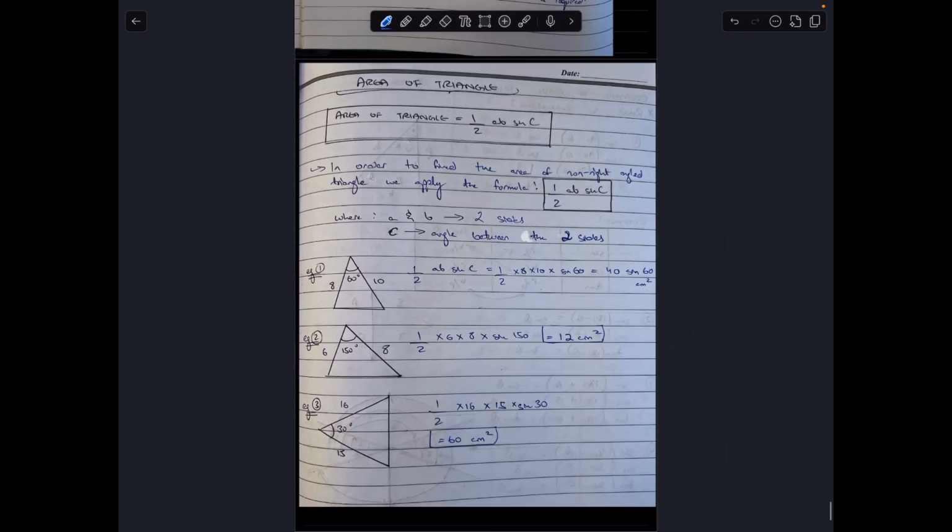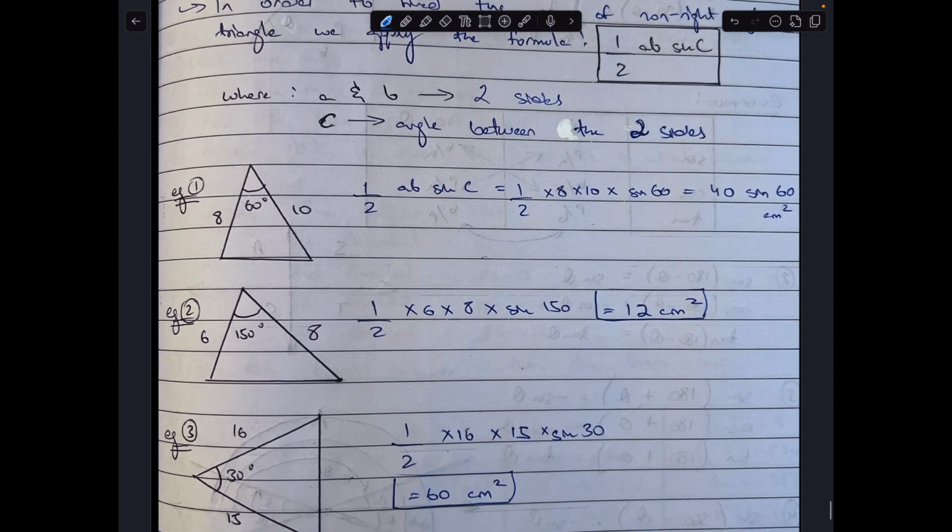Alright. So, last three examples for this class. We are given two sides and an angle between the two sides. We substitute the values. This is the answer in exact form.